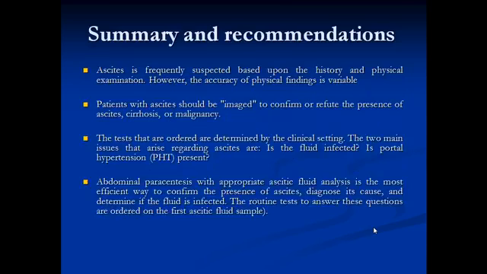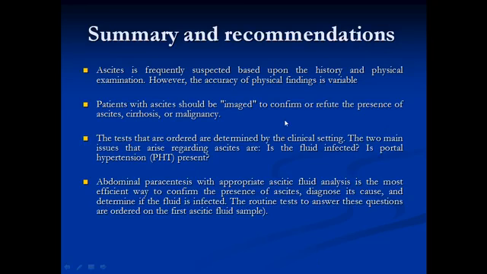So we are coming to the very last of our session. Summary and some recommendations. Ascites is frequently suspected based upon history and physical examination. However, the accuracy of physical examination is variable. So we can't identify ascites on the basis of history and physical examination alone. Patients with ascites should be imaged to confirm or refute the presence of ascites, cirrhosis, or malignancy.